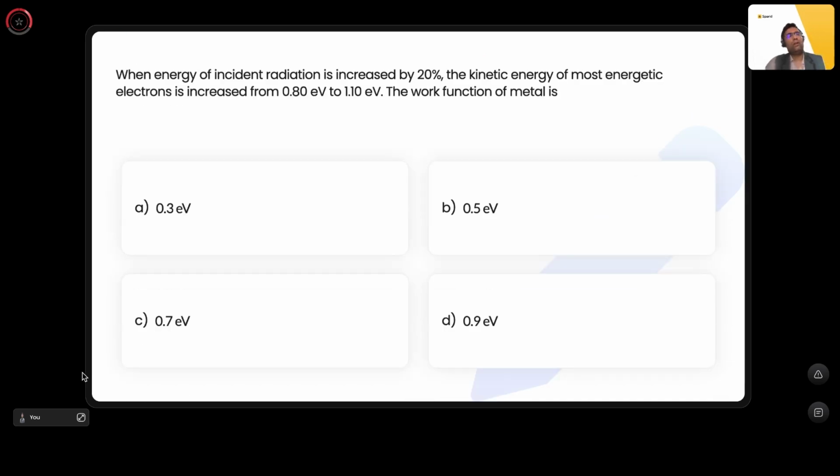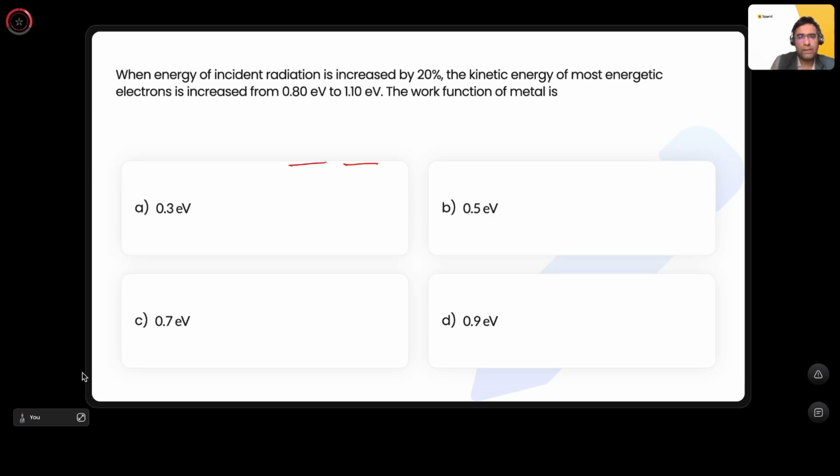When energy of incident radiation is increased by 20%, the kinetic energy of most energetic electrons is increased from 0.8 electron volt to 1.10 electron volt. The work function of the metal is. Okay. So we have to do it.